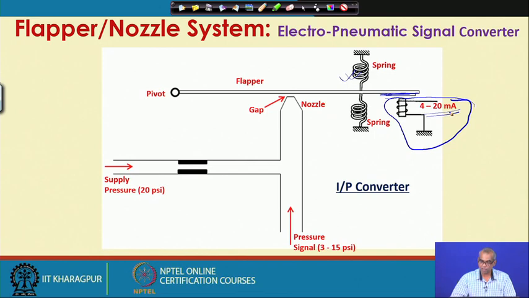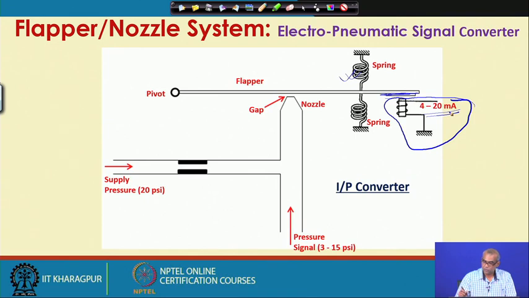So, depending on that, the gap between the flapper and nozzle will be decided. The gap between flapper and nozzle when 4 milliampere current is being passed will be more than the case when 20 milliampere current is being passed. It depends on the strength of the magnetic field.